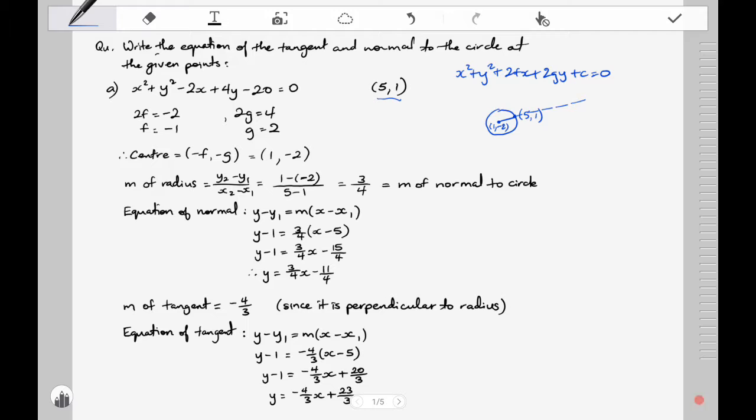Alright, so the equation of the normal. Here you are seeing the formula y minus y1 equals m into x minus x1. What we could do is also use the standard y equals mx plus c and substitute. We have the gradient value as 3/4. Substitute the x value and the y value. To be safe, we take the point on the circle, (5, 1), so x is 5, y is 1.